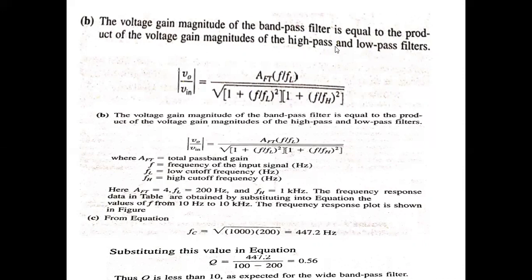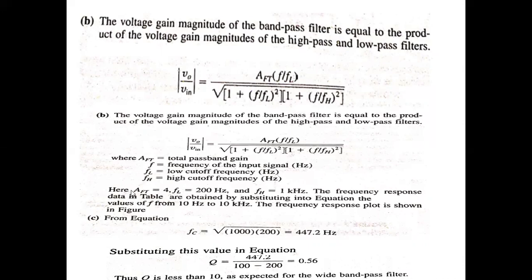That is the high pass and low pass filter. As you are already familiar, AFT is the total pass band gain of the filter, F is the frequency of the input signal, FL is the lower cutoff frequency in hertz, and FH is the higher cutoff frequency in hertz.